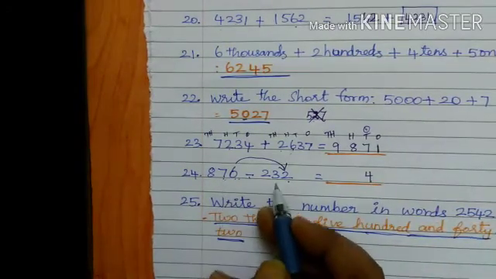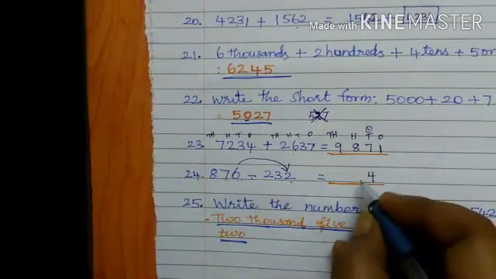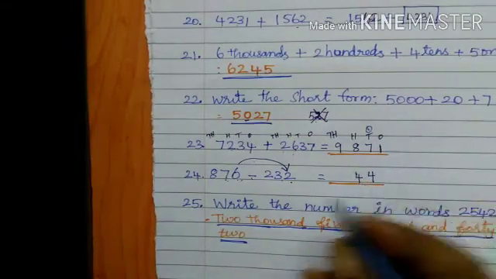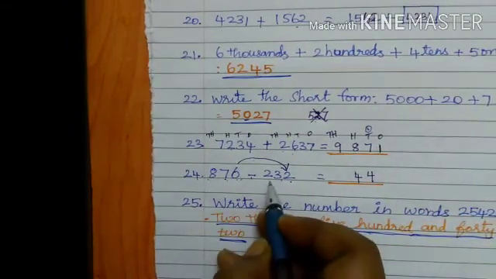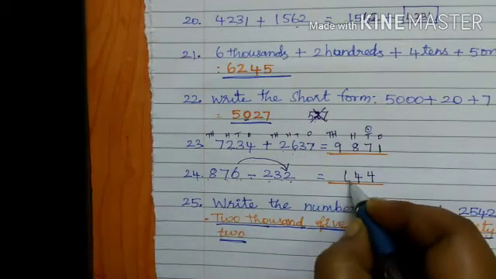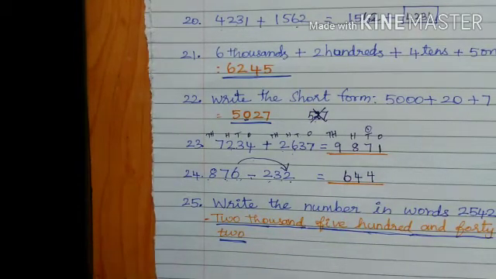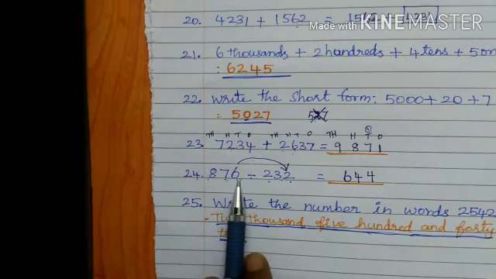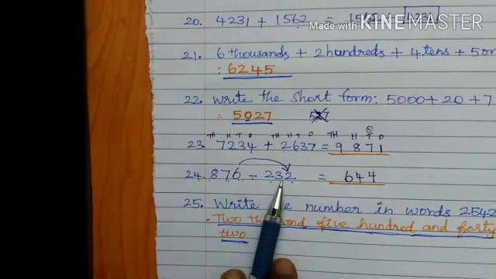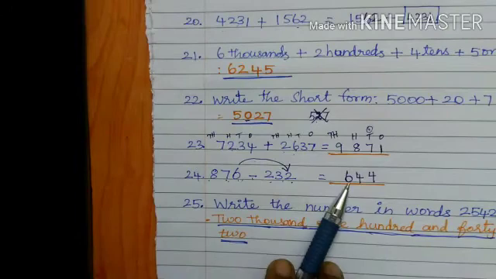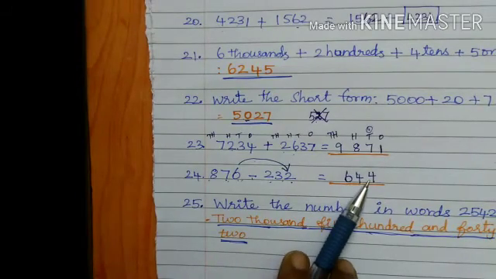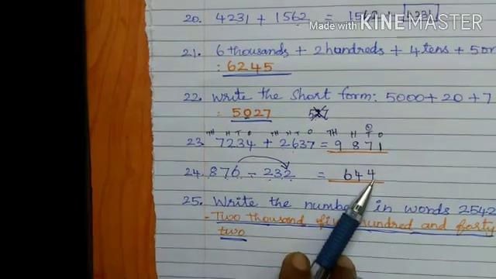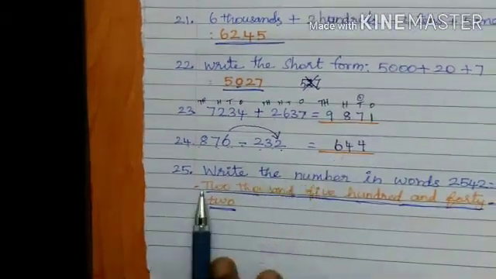Then 7 subtract 3, 4. 8 subtract 2, again you get 6. So 876 subtract 232, the difference is 644. Do you understand this concept children? Do carefully. The next one.